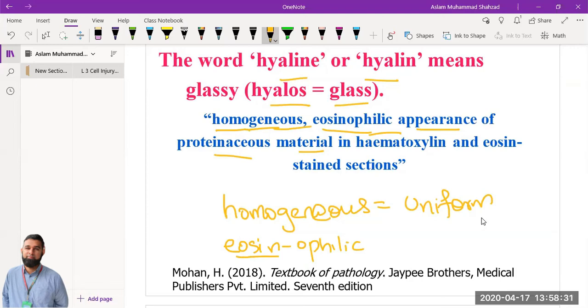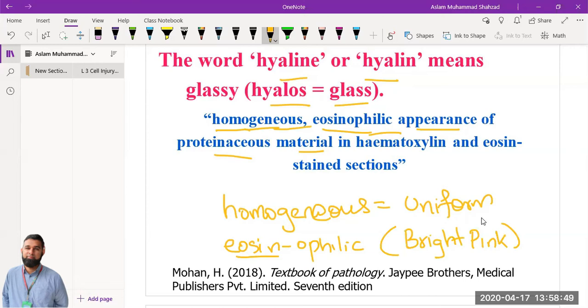It is also explained in terms of its color, because after using eosin, the color would be bright pink. So it could be classified according to the stain we use.